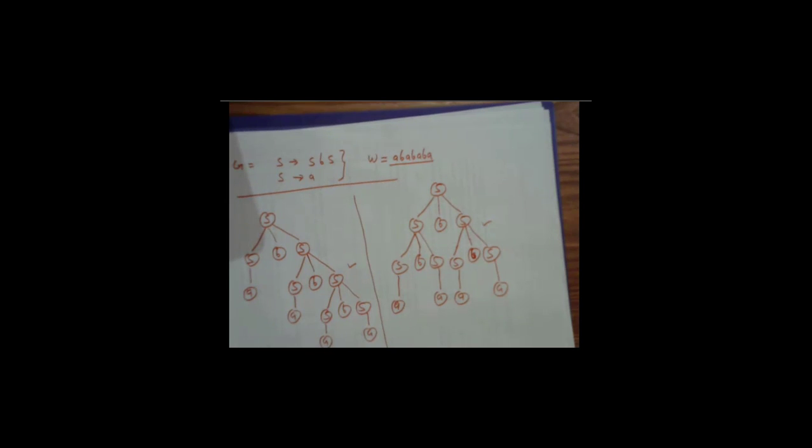This is called the ambiguous grammar. Then the question is how to reduce the ambiguous grammar to unambiguous.